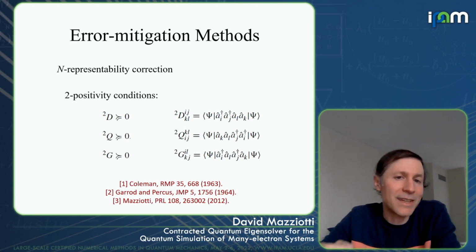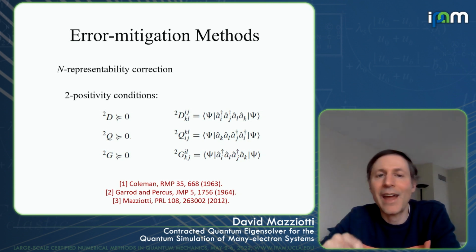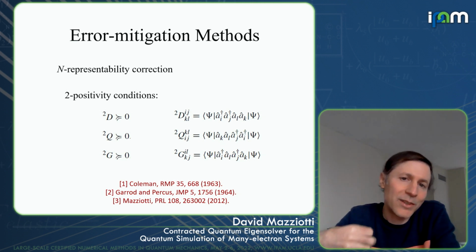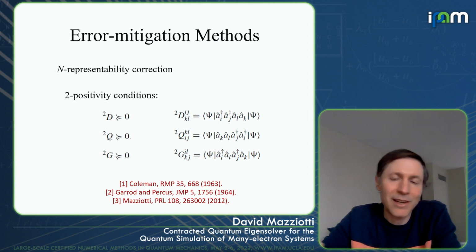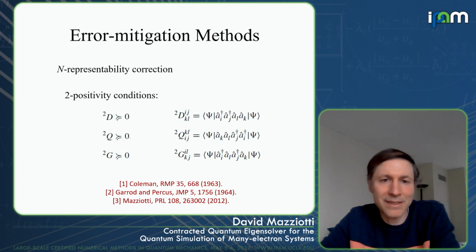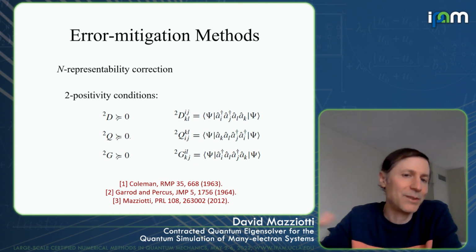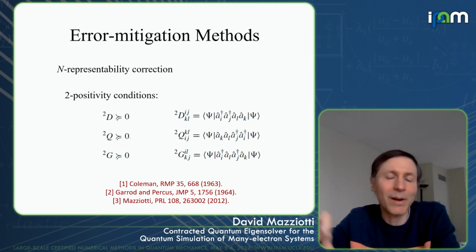So the 2-electron reduced density matrix would exactly correspond to a contraction of an N-electron density matrix. However, because the quantum computer is very noisy, the 2-RDM that we measure at the end, from a variety of different reasons that affect both the state preparation and the tomography, causes the 2-RDM to basically fail to really represent the N-electron quantum system.